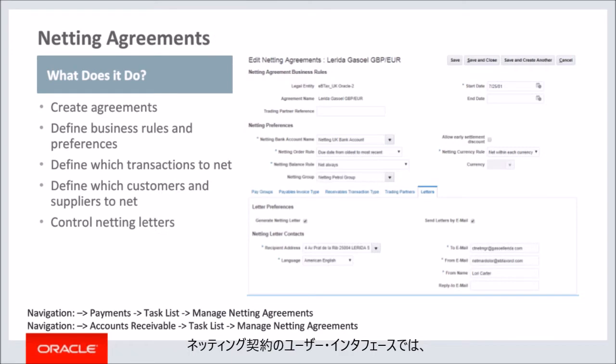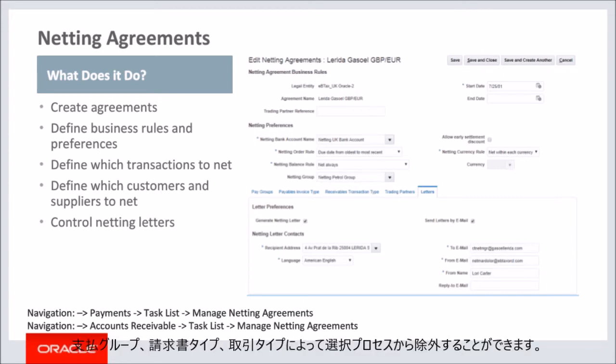The netting agreements user interface allows you to define how you want to select transactions to net between you and your trading partner. Invoices and transactions can be filtered out of the selection process via the pay groups, different invoice types and transaction types.